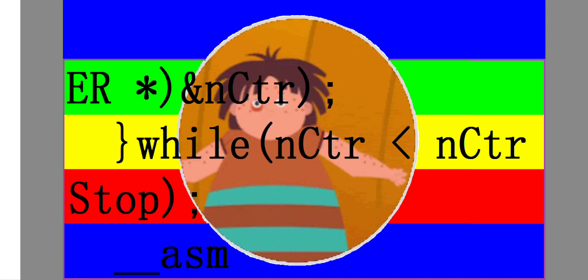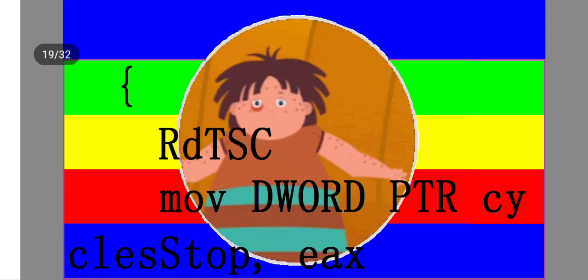Underline ASM, RDTSC, MOV dword ptr cycles stop, comma, EAX.